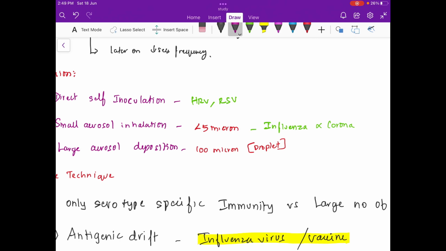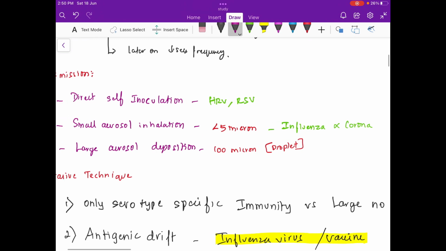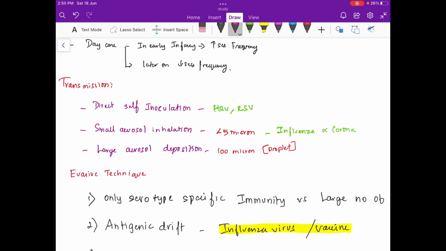The large aerosol deposition is by sneezing, where the droplets get deposited into another person's eye. This large aerosol is usually 100 microns in size. And rhinovirus and respiratory syncytial virus are preferentially spread by the self-inoculation method.